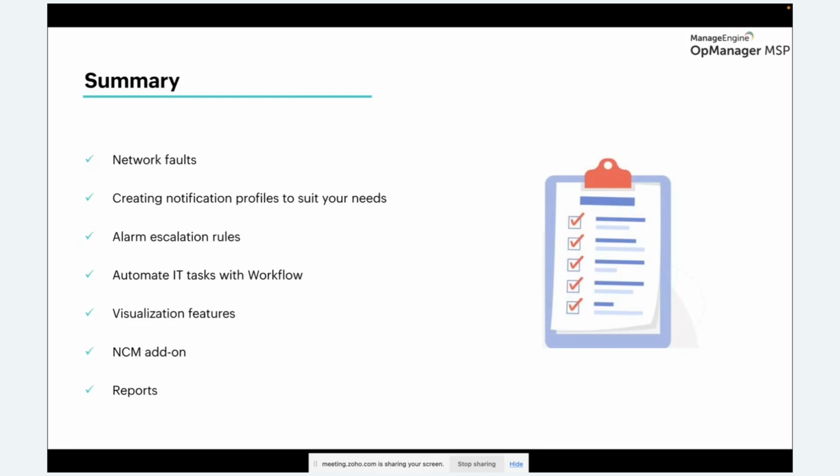And we also discussed how to automate IT tasks with workflow, how to create one. Followed by that, we discussed various visualization features such as dashboard, NOC view, layer 2 maps, business views, and more. Followed by that, we discussed NCM add-on, and finally, reports.